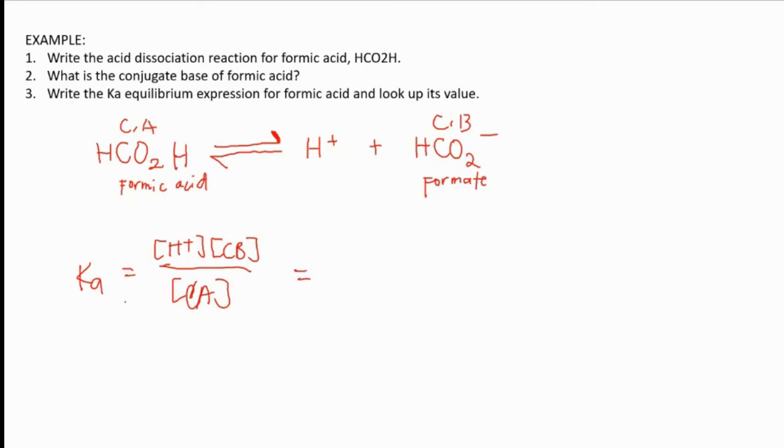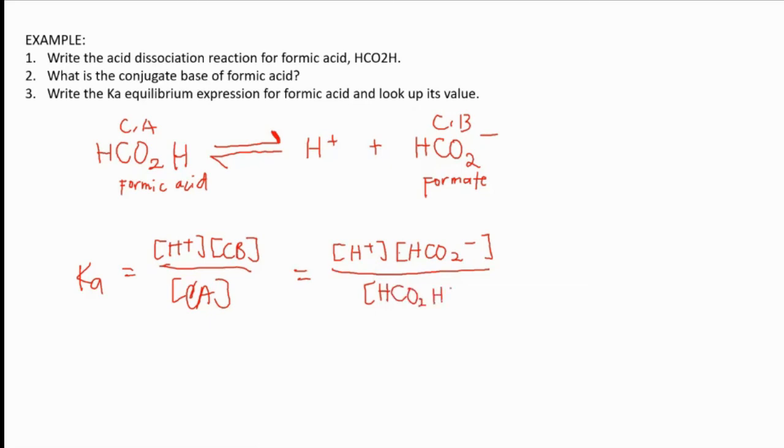So what is the formula for Ka? Can you recite? We have H plus and then HCO2 negative, and then your formic acid.